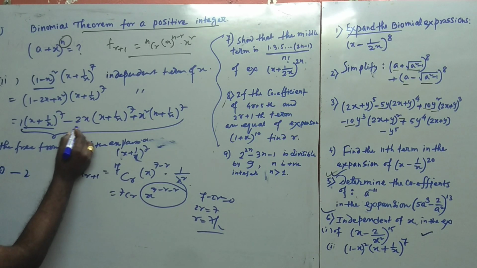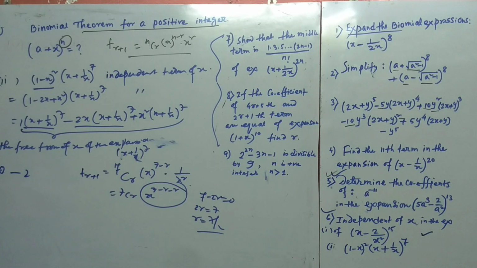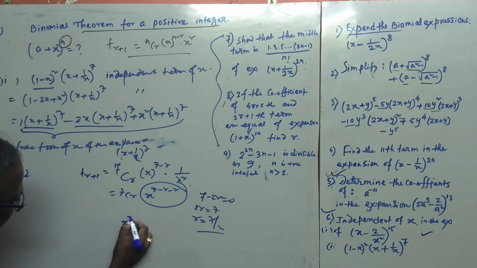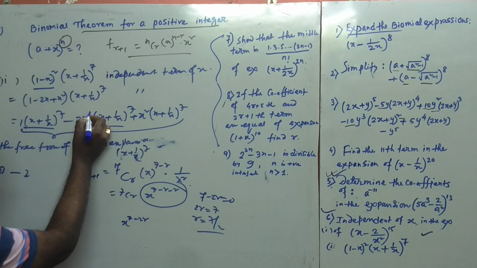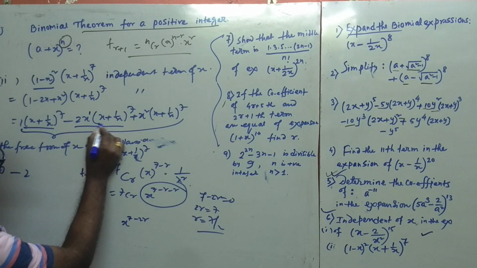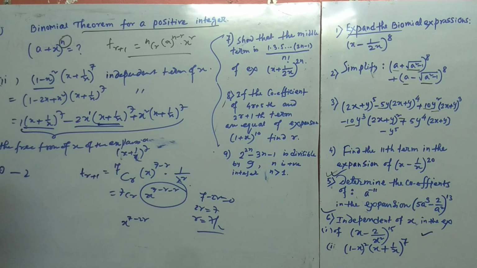Again, for the next term, see, this is 2 into x here. So we always do like that, x to the power 7 minus 2r. Here we need to find the value of free from x within this bracket, as this has degree 1. So within the bracket, if we expand, there is a negative term, that is x to the power minus 1, since negative means the degree is negative.